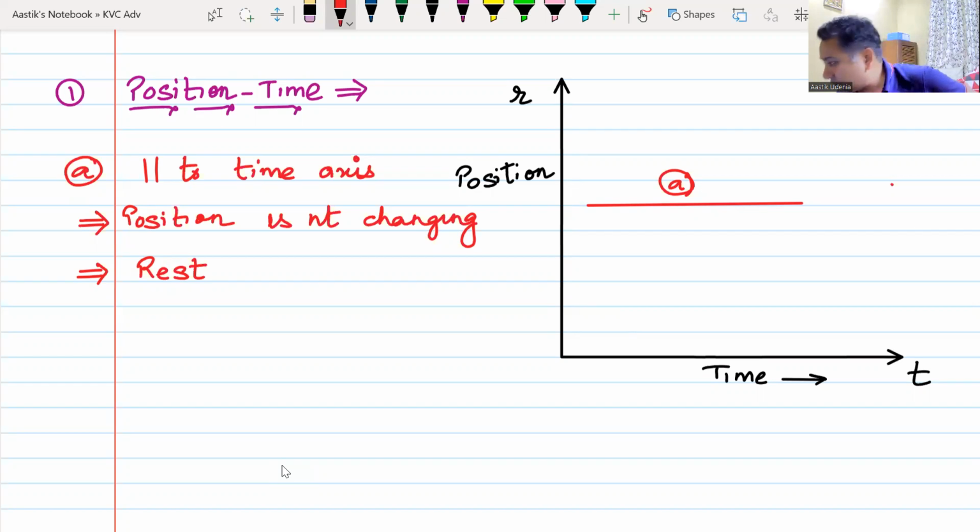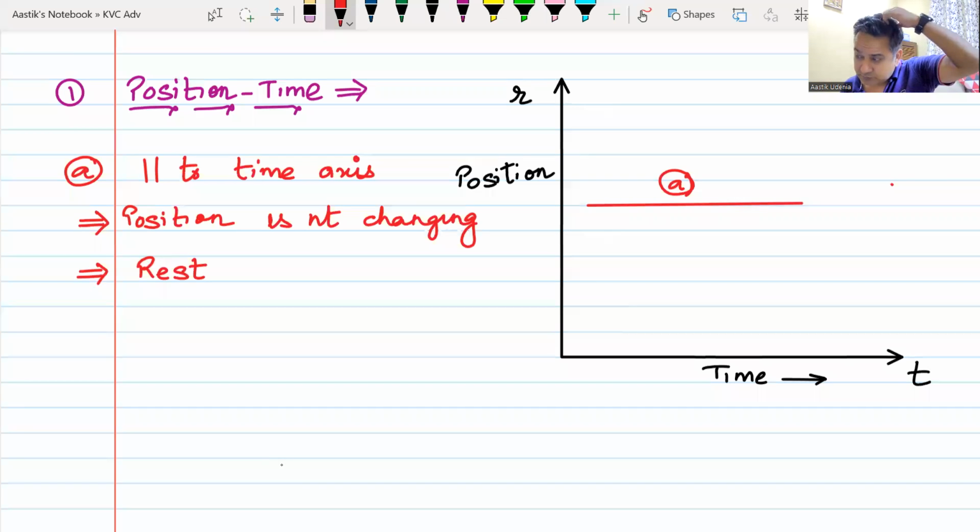It remains constant. So you can also call this graph a graph with uniform velocity, but that will not be very correct because it does not have any velocity. So it is a graph where velocity is zero. Do we understand this? This is graph number A.